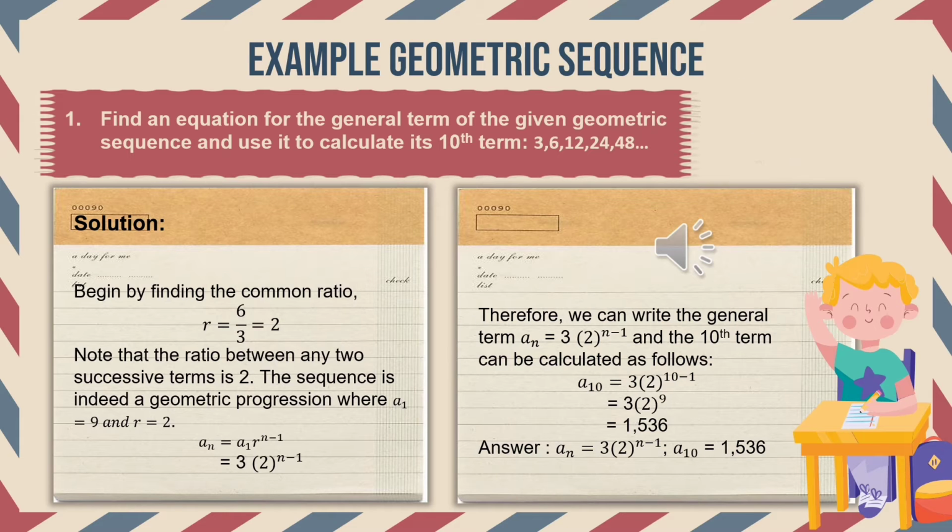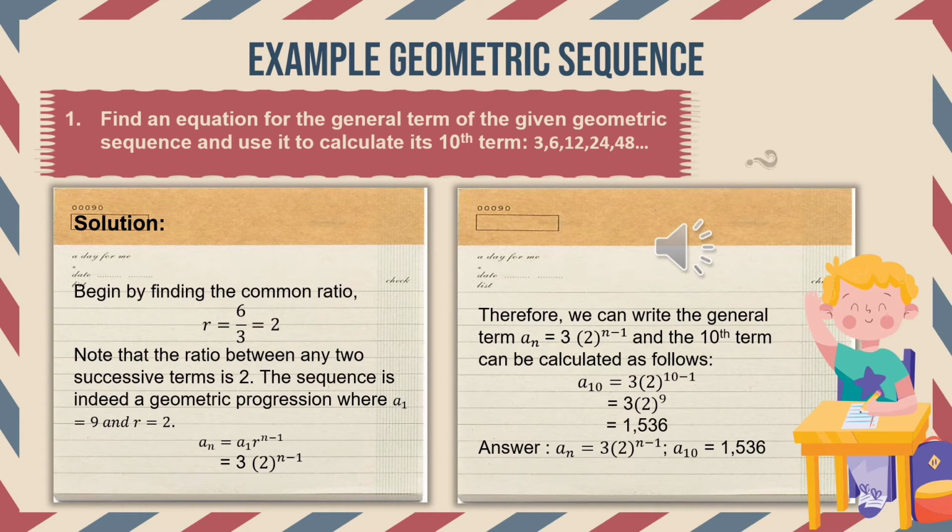Example, geometric sequence. First, find an equation for the general term of the given geometric sequence and use it to calculate its 10th term: 3, 6, 12, 24, 48.